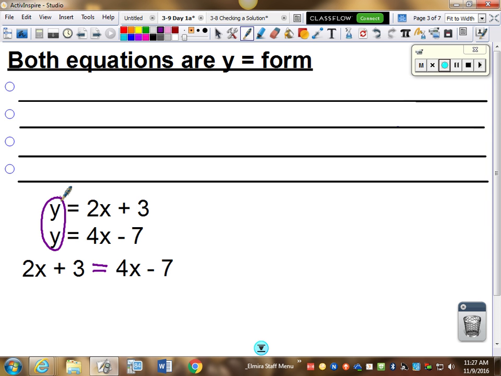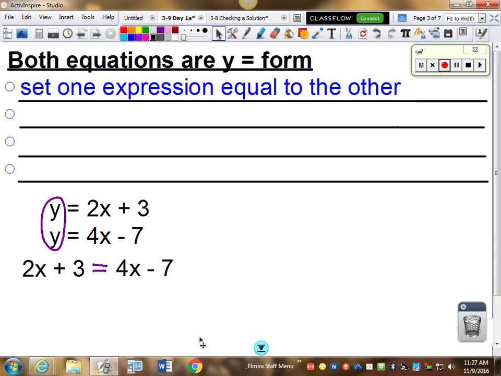It's not like this y up here on top would be equal to 5 and this y down here would be equal to 2. They're going to be the same number. Same thing with the x's. They're going to be the same number. I just don't know what it is yet. So that first step that I just did was to set the expressions equal to each other.